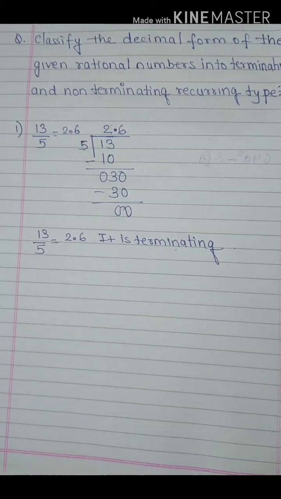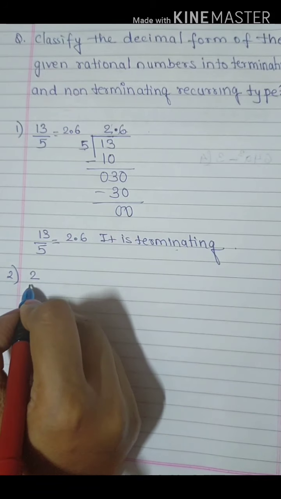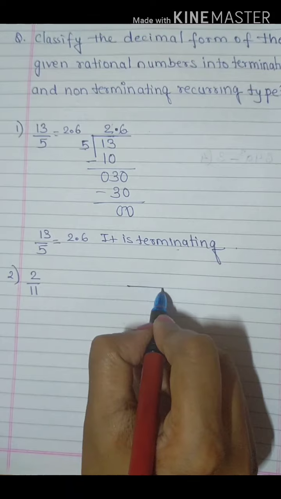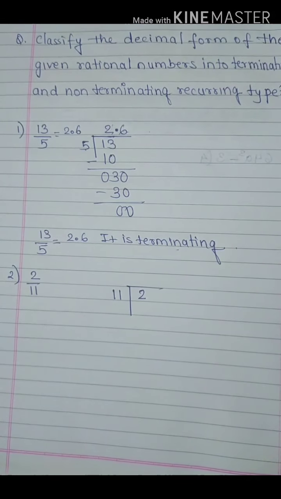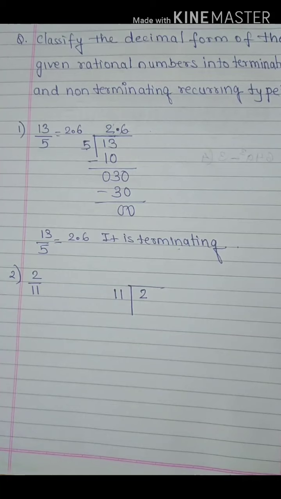Okay, now we are going to solve question number 2, that is 2 upon 11. I am writing here 11 here, 2 here. Okay, as you know that 11 is bigger than 2, so we cannot take 11 ones like that.